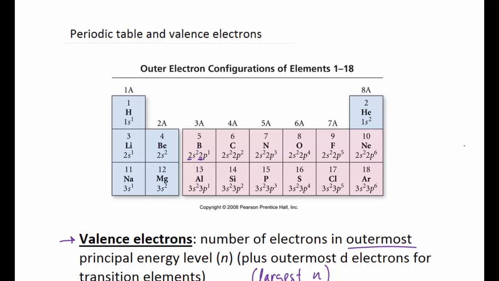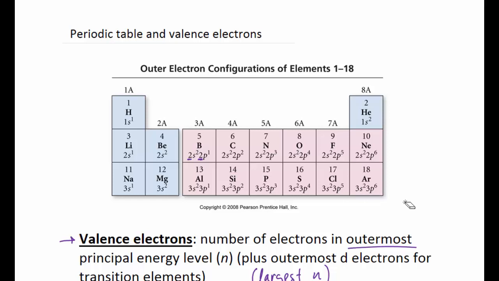So that's why we had 2s1, 2s2 over here for lithium and beryllium, but then boron through neon, those are filling in 2p1 through 2p6. New row, 3s. Then new section, over here, we're filling in the 3p's.